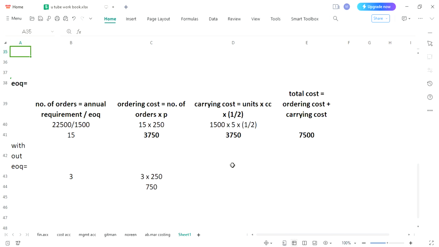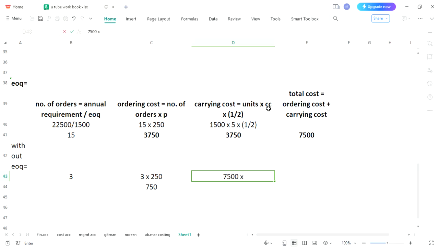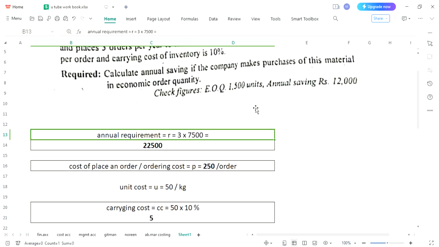We have mentioned that 7500 were the number of units. Please follow this formula. Then you need to multiply with what? Carrying cost. And carrying cost we have already mentioned over here. In the previous part of our question, we directly calculated carrying cost with the help of the question statement. 5 was the carrying cost.